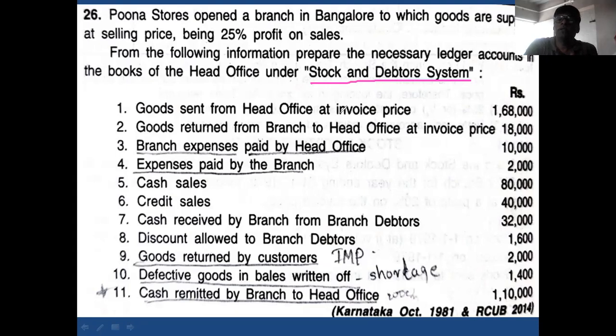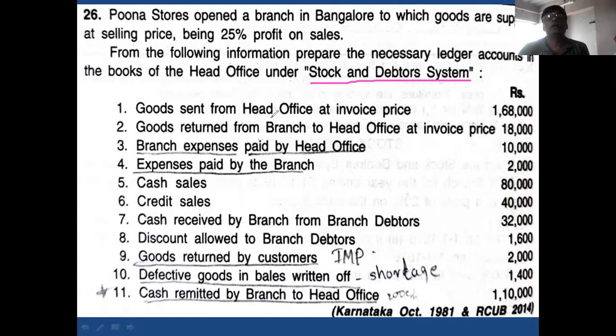If there is a difference, the difference is called surplus or deficit. If the credit side is more and the debit side is less, that is called surplus. If the credit side is less, the debit side is more, and the balance is on the credit side, you call that a deficit.